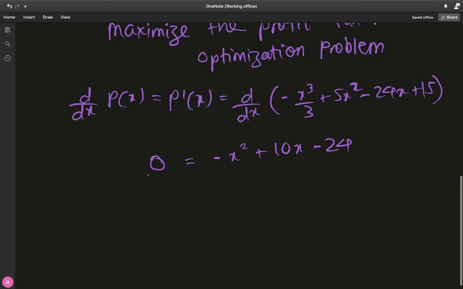Because at the point of maxima or minima, any function's derivative will be 0.